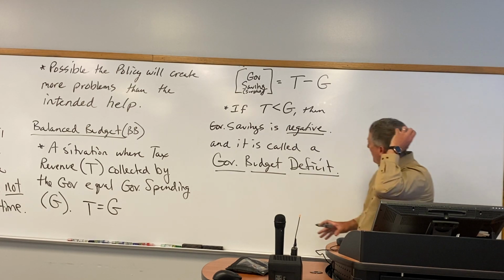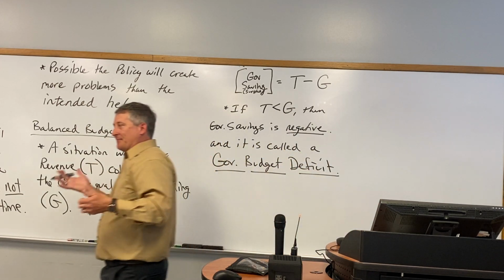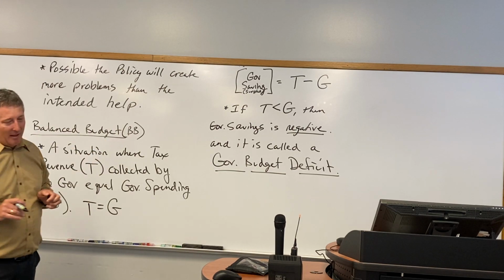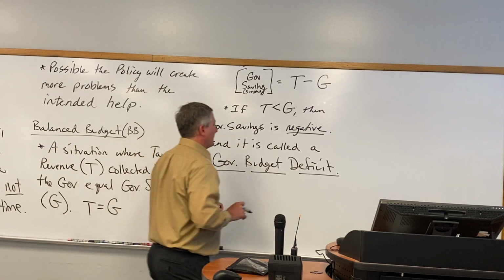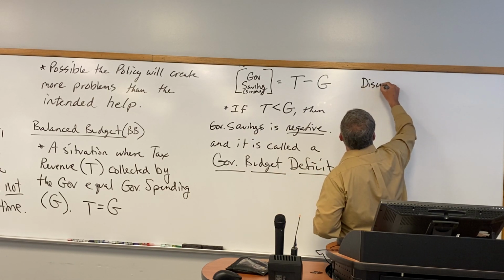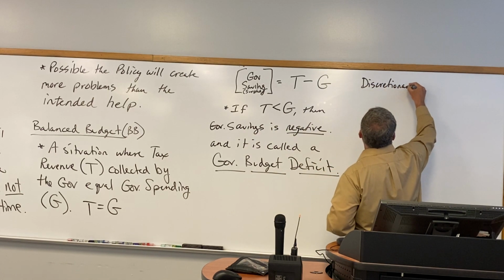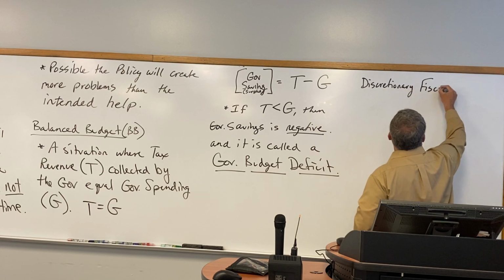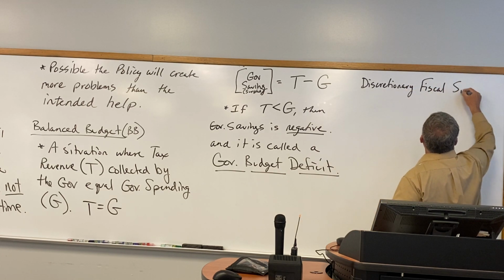All right, so the type of spending that, let's say, gets us in the most trouble is discretionary fiscal spending.